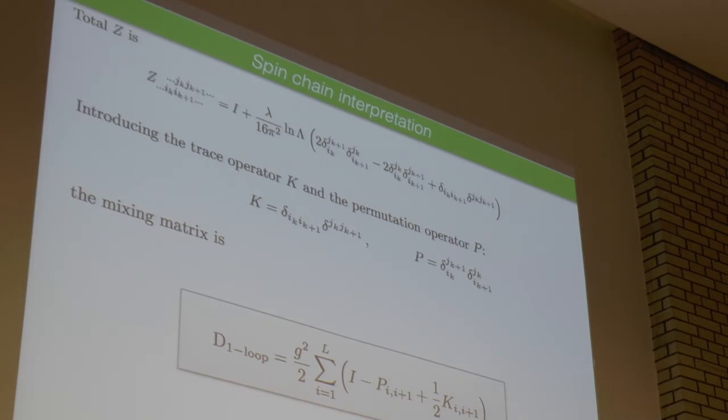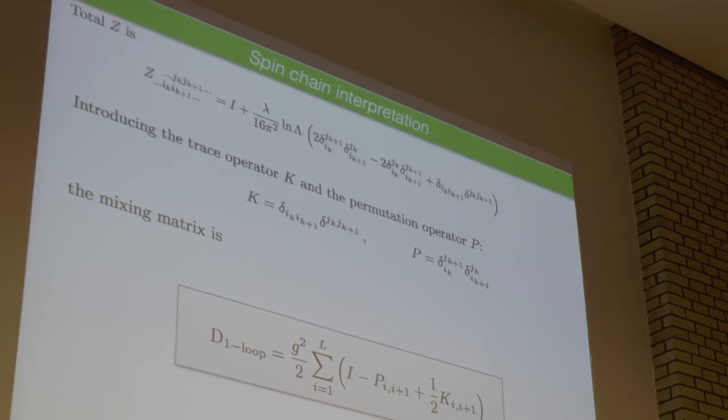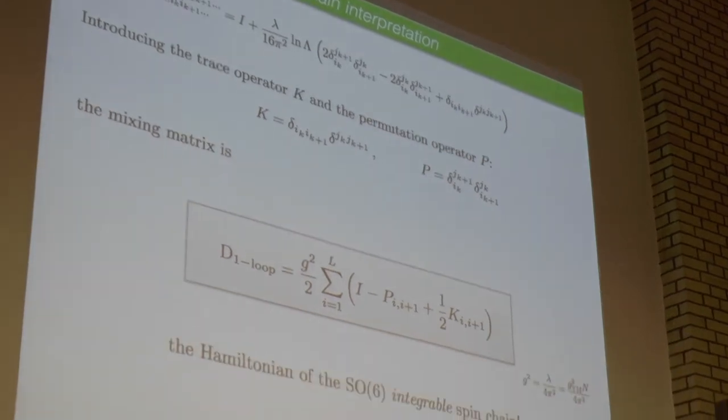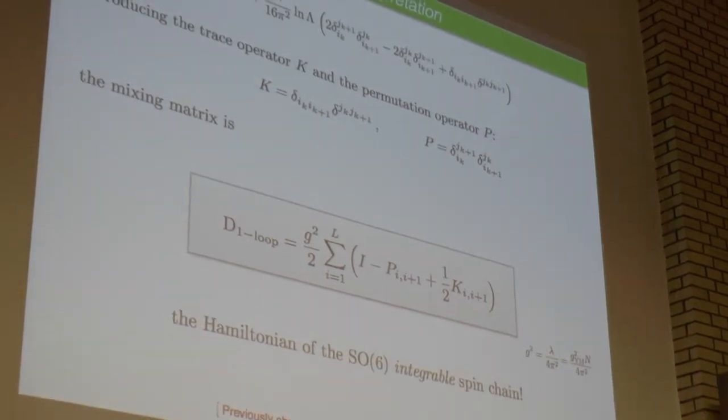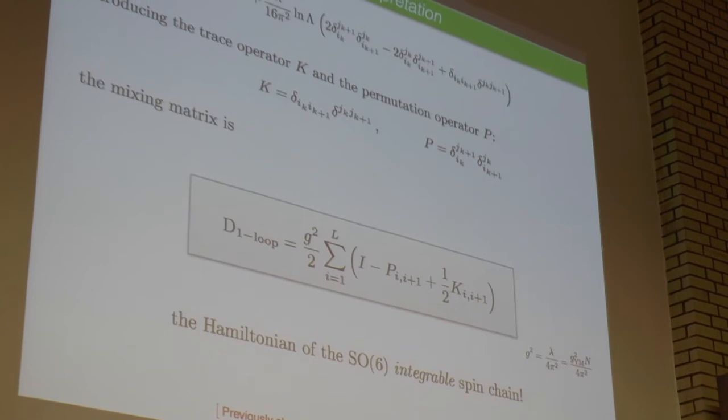So basically, what is written down on the first line can be summarized in the formula, which I denote as D1 loop. D1 loop is a dilatation matrix, a mixing matrix, so the same as the dilatation operator at one loop. And it's given by the second term, which is identity. You see I_K, J_K, I_{K+1} goes to J_{K+1}. This term corresponds to identity. Then the next one is the first term on the first line. It corresponds to permutation. And the last term corresponds to taking the trace.